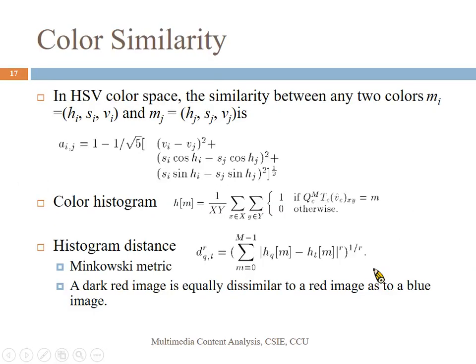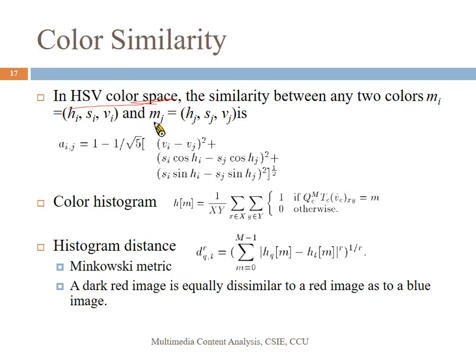To calculate the similarity between different images, we have several ways to calculate the color similarity. Here are several techniques. If we represent images by HSV color space, we can calculate similarity between any two colors MI and MJ like this.